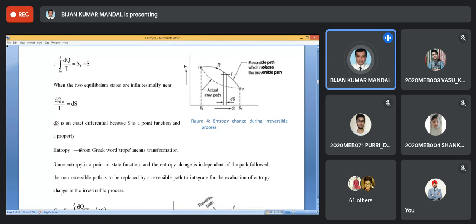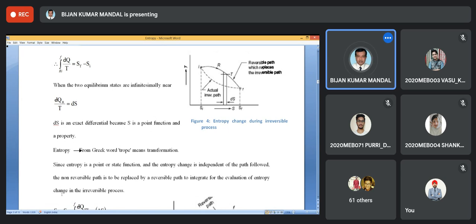Now, if it is an irreversible process, then also we have to do the same thing. That means you have to replace the irreversible path between the state points I and f with a reversible path, and then integrate over that, because that integration can only be carried out over the reversible path.